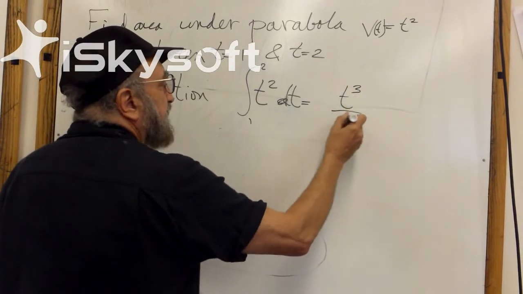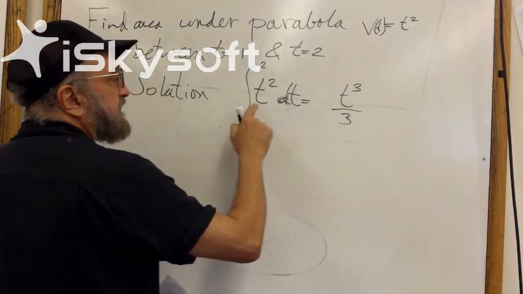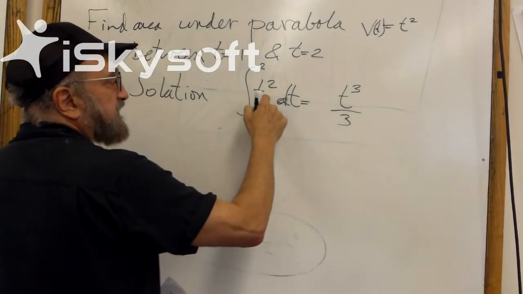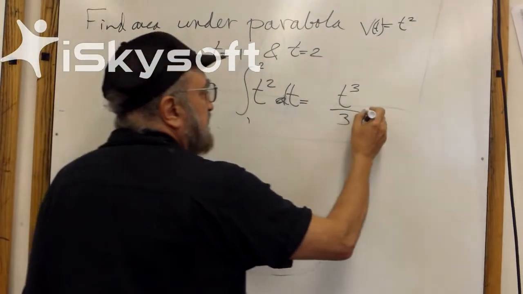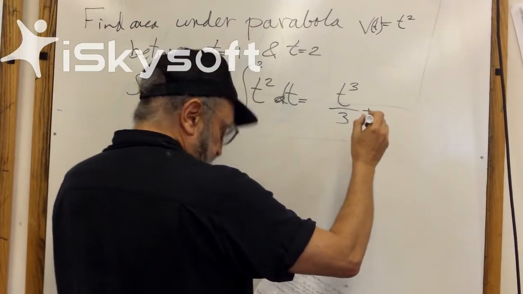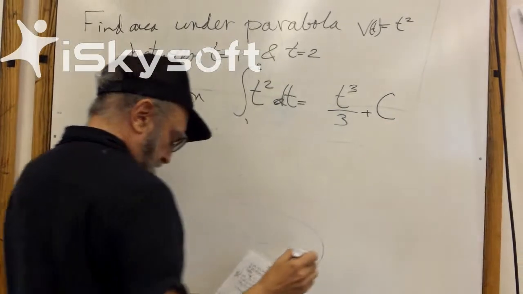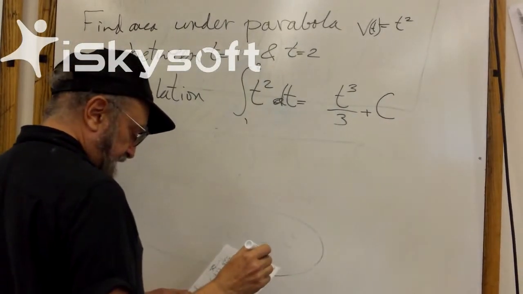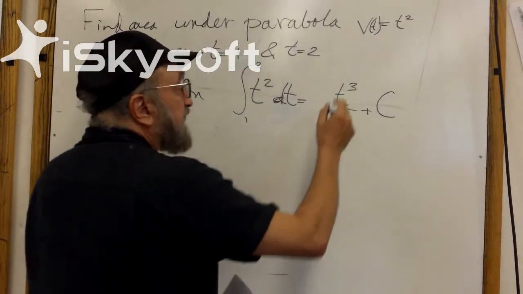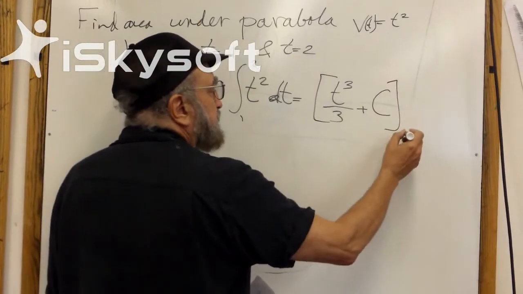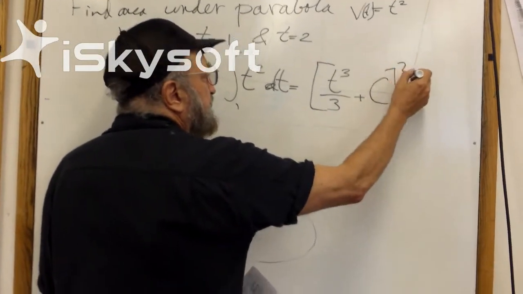t cubed over 3. That's a function that would give this derivative, plus a constant, evaluated between the value of t equals 1 and t equals 2.